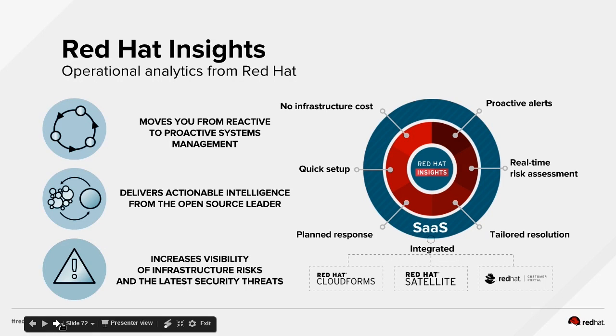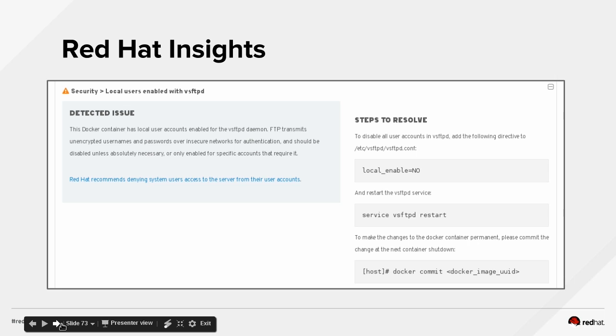By collecting a massive amount of information from live, running systems, we come up with best practices and a knowledge base that we formalize into rules, and we are able to apply them to your containers and inform you that there might be a misconfiguration, or a configuration that is not optimal enough for you, or even some vulnerability. This is an example of a result that came from Insights.